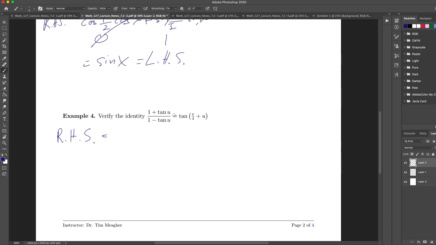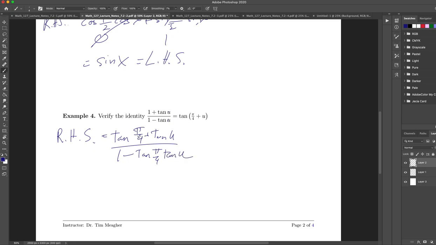And so here we have u. We've been using u as our variable, so here will be the tangent of the first one, which is pi over 4, plus tangent of u, all over 1 minus tangent of pi over 4 times tangent of u.